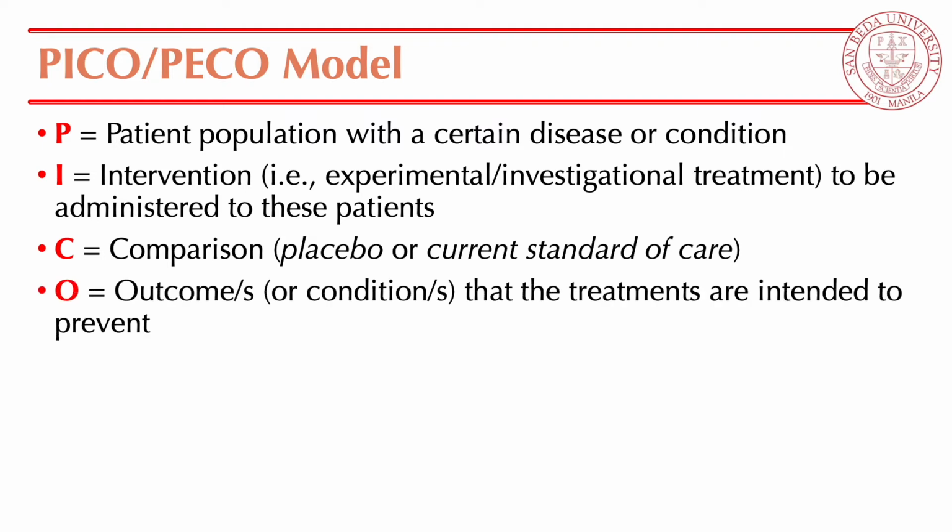Lastly, you also have to specify in your clinical question what your outcome or outcomes of interest are, that the treatment is intended to treat or prevent. Depending on the situation, that outcome may be something positive such as cure or prevention of recurrence or sequelae, or it could be something negative such as occurrence of death or disability.